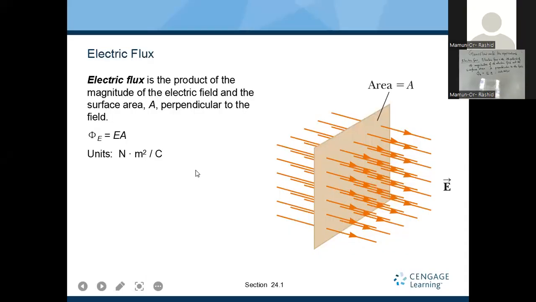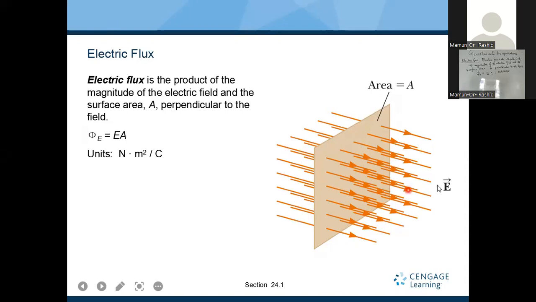So the electric flux is the product of the magnitudes of the electric field and the surface area A perpendicular to the field. That means if we take the area like this, all the electric lines of force through it will make the electric flux.